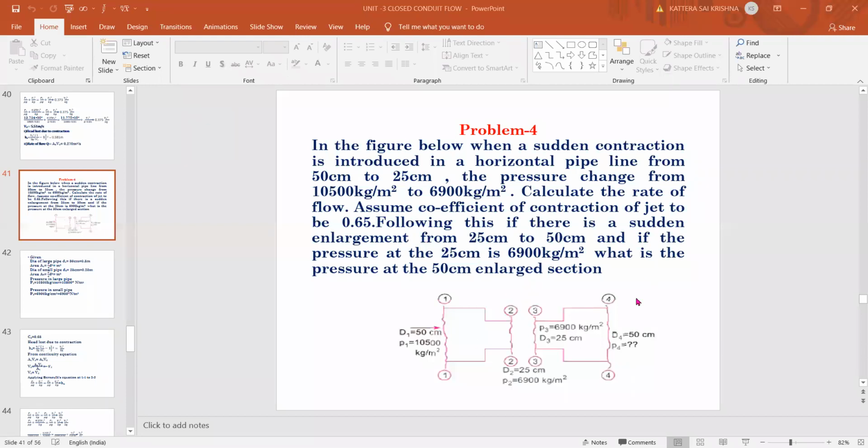Okay, so please copy the question, and you can draw the diagram also. Just a little bit faster, you can copy the question.